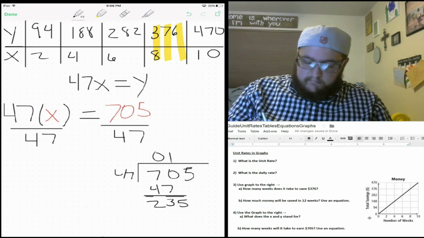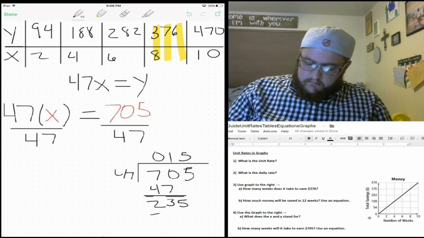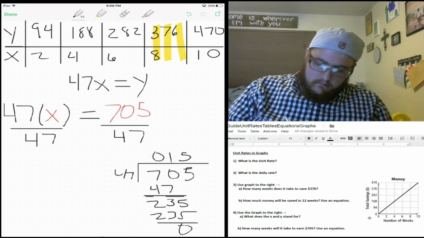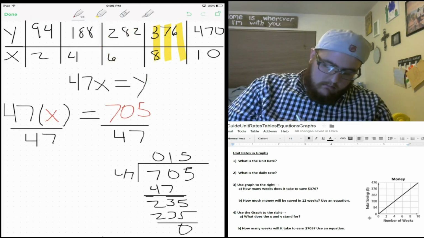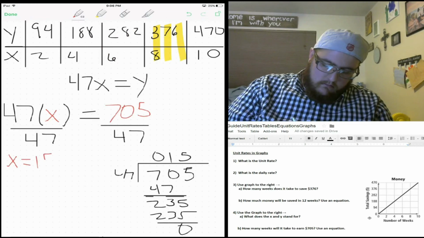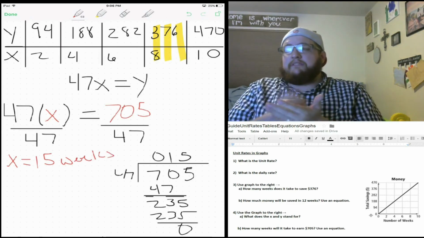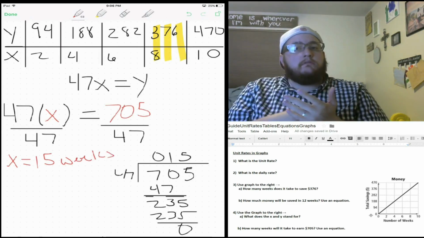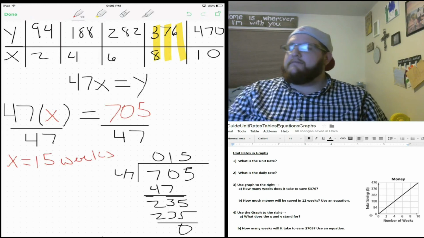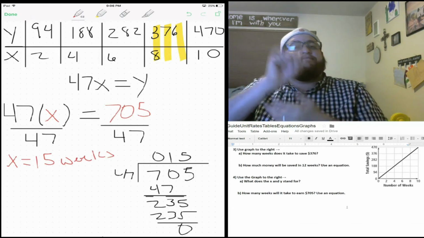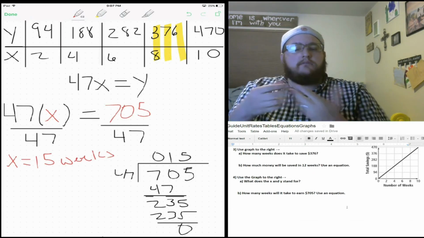And then we'll bring the 5 down. 47 goes into 235, I think, 5 times. And that should equal 235 exactly, which will give us a 0 when subtracted. So our answer is 15. So x equals 15. In context, this means that x equals 15 weeks. So essentially, it will take us 15 weeks to save $705.